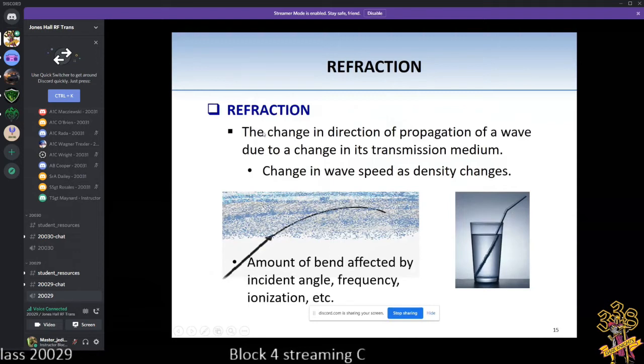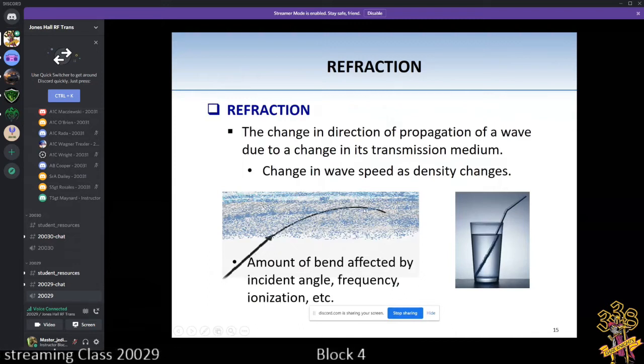Refraction is a change in direction of the wave due to a change in the medium it is traveling through. So here's our RF signal going up, and it hits the ionosphere, and instead of being reflected, it enters the ionosphere, and because of the ionization denseness, it's going to cause it to bend.